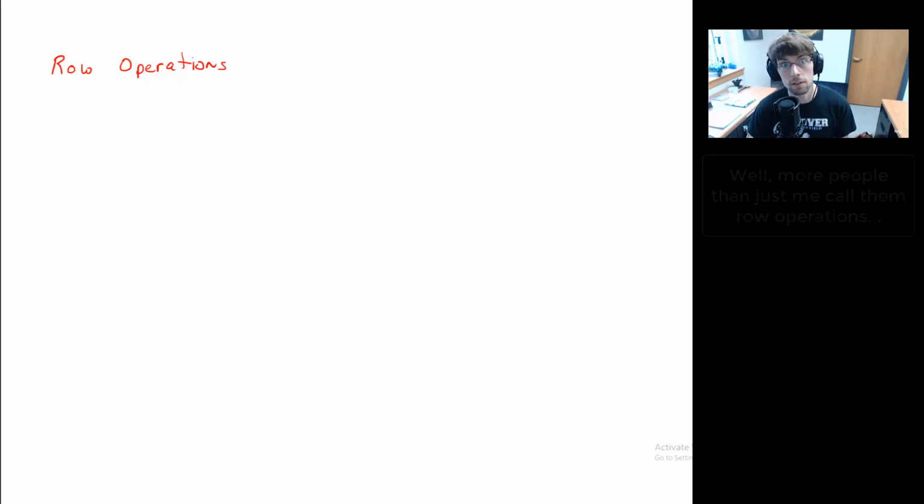And these are nothing special, okay? We give it a name, but it's nothing fancy. Once you understand how matrices store information, then the idea of row operations should hopefully follow naturally from that.